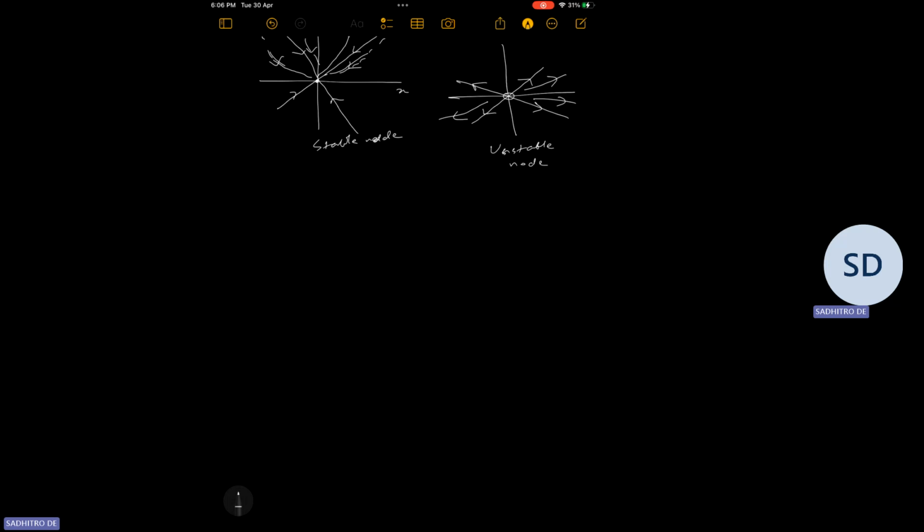Now you can also have a saddle point, where suppose these are the stable and unstable manifolds. So suppose this is the attracting manifold and this is the repelling manifold, then the trajectories will go like that. So this is an example of a saddle fixed point.